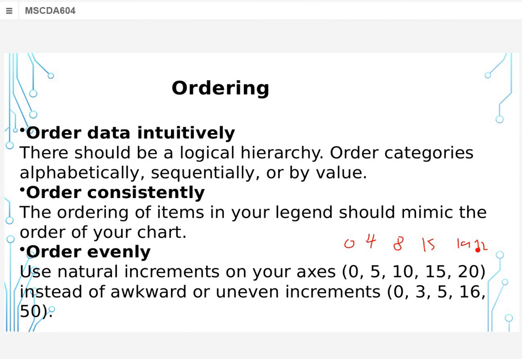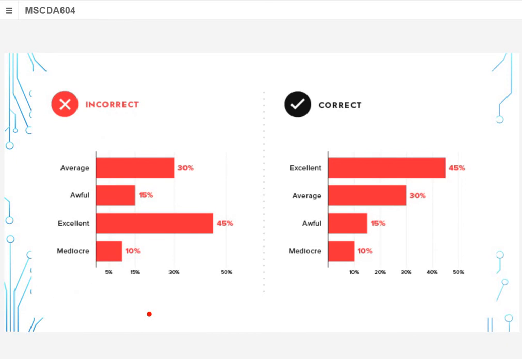So you need to label evenly. 5, 10, 15, 20, 10, 20, 30, 40. 1, 2, 3, 4, 5, 100, 200, 300. That's okay. Okay. Or this is incorrect.